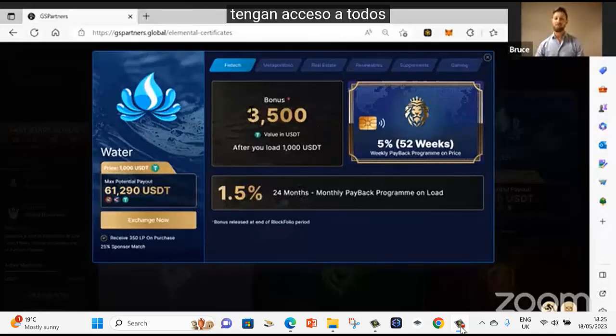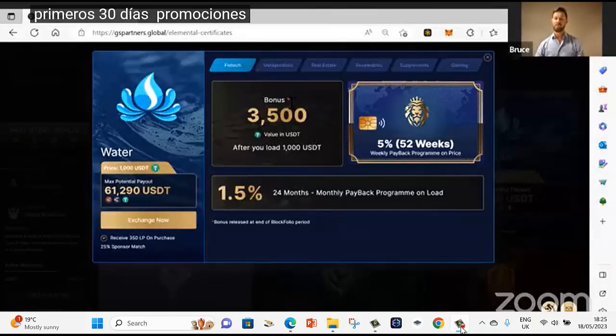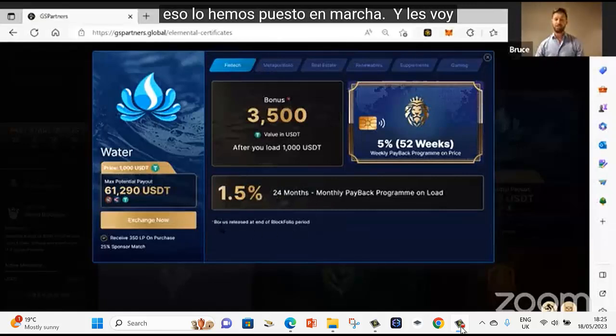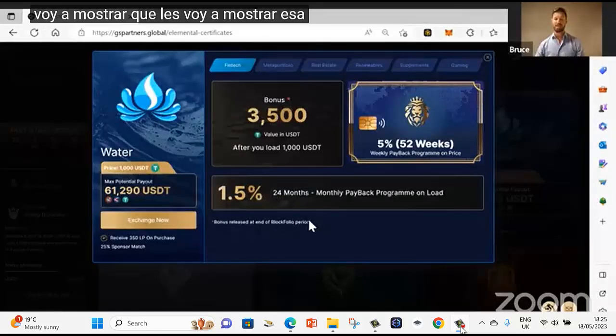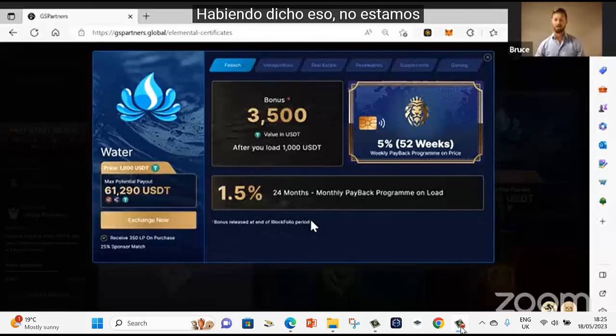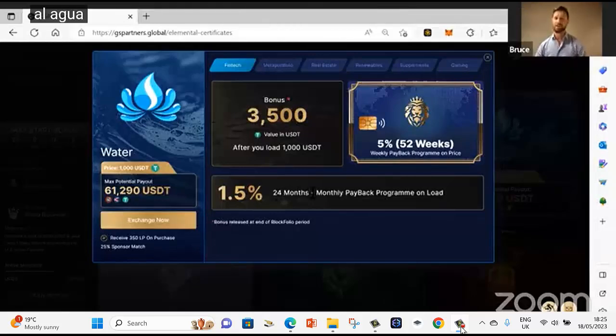How do I know that this bonus will be released to me after 24 months? Because it says over here, bonus released at the end of block folio period. So I know that I will receive this bonus when this block folio period has come to an end.